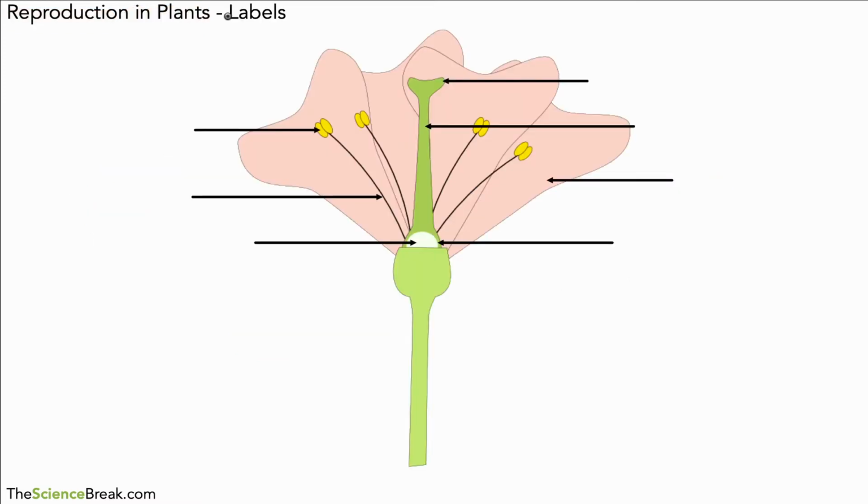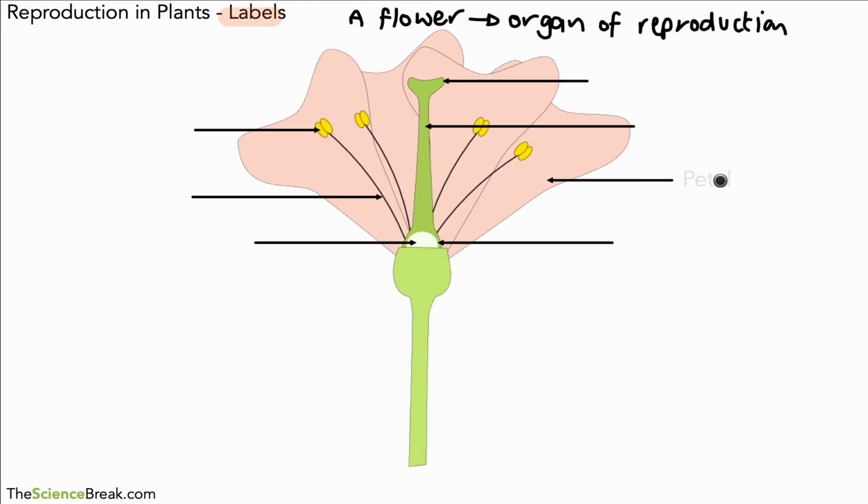So let's have a look at the labels for a flower. So here is a diagram of a flower, and the flower is the organ of reproduction in certain types of plant. And we need to know some key labels. So I think we'll start off with the easy one over here. That's the petal, often nice and colourful.